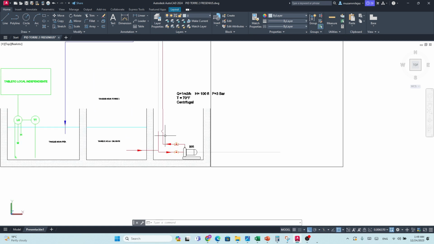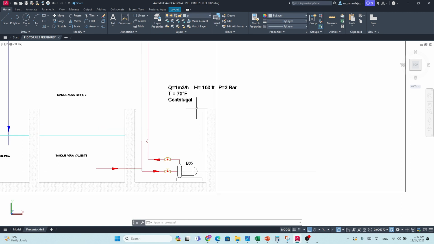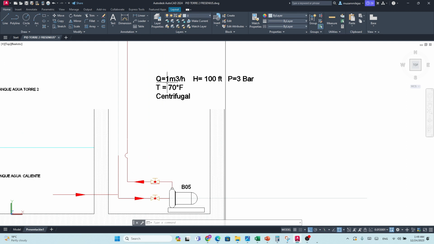So now what diameter should you follow? Right now we are calculating, and you have an optimum flow requirement of 1 meter cube per hour, and the pump is producing 3 bar, that is equivalent to 100 feet. Means if you have zero friction, the pump will lift the water up to 100 feet of height.